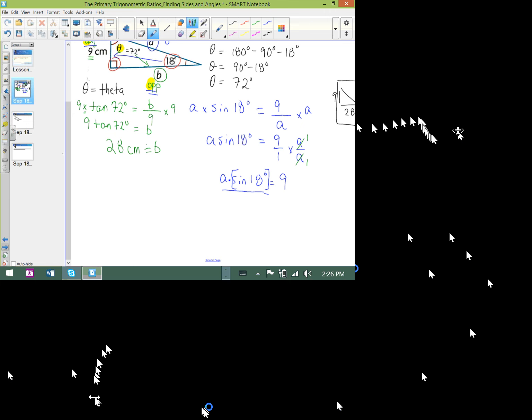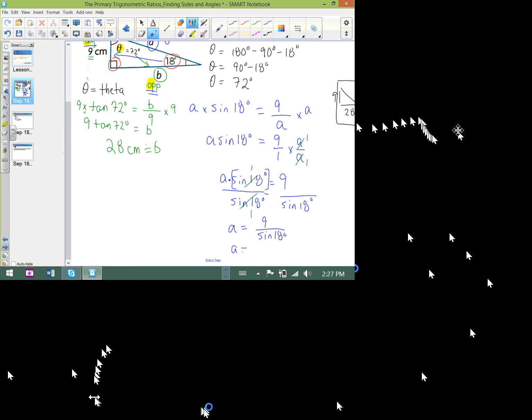Okay, so please perceive that as a value, as a number. So we can divide by it. And what you do to one side, we'll do to the other. And recall that through division, this reduces to 1 over 1. Okay, so therefore, A is equal to 9 over sine 18.